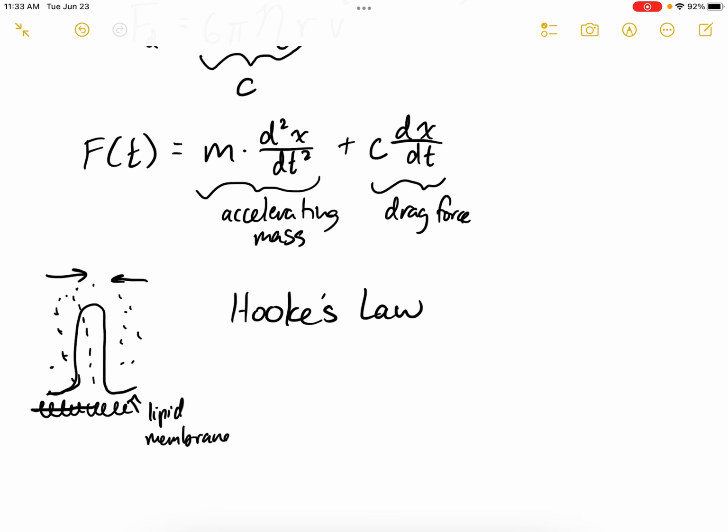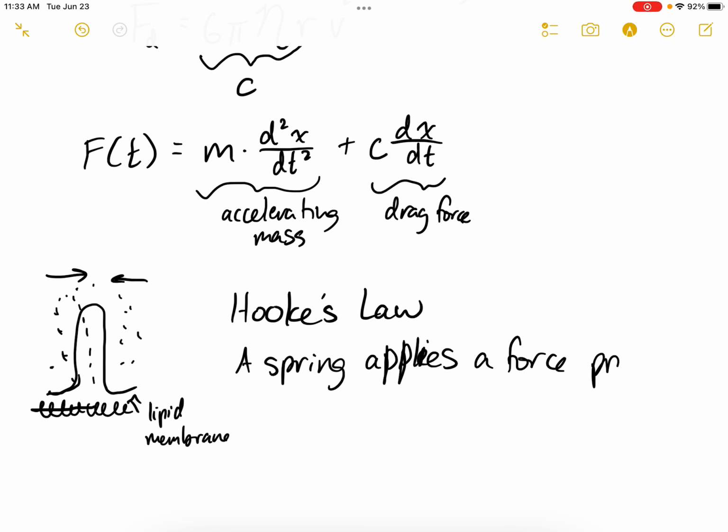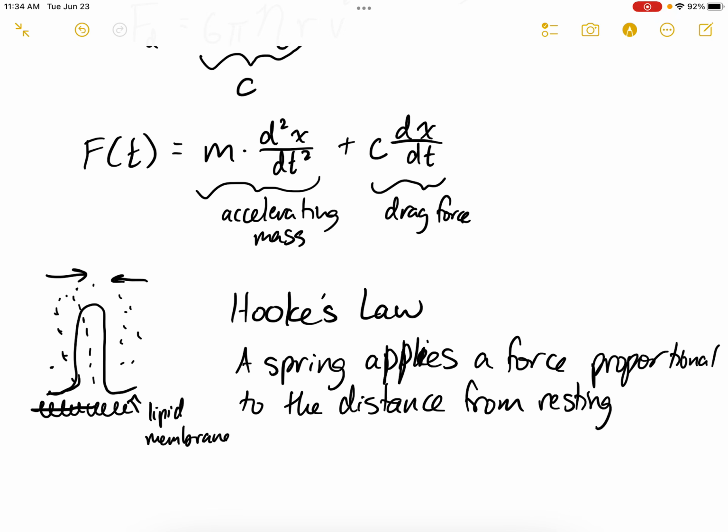right? So this says that a spring applies a force proportional to the distance from the resting displacement.